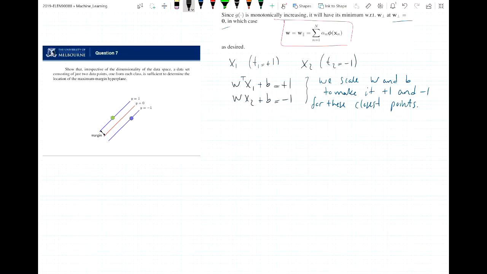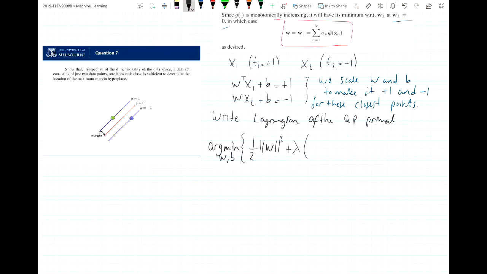So then we can write the Lagrangian of the QP primal formulation. What would that be? You can go back to the slides. We have argmin with respect to w and b of 1/2 norm w squared, we put the 1/2 for convenience, plus now lambda times (w transpose x1 plus b minus 1).